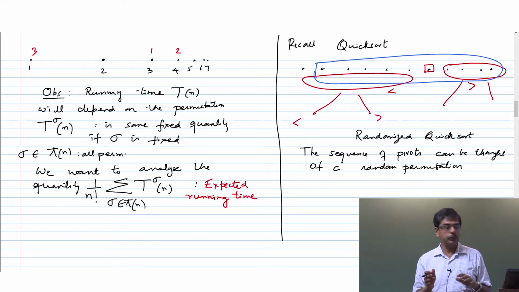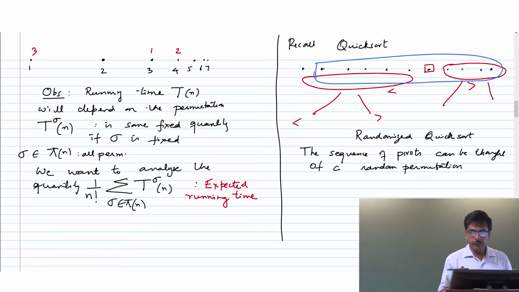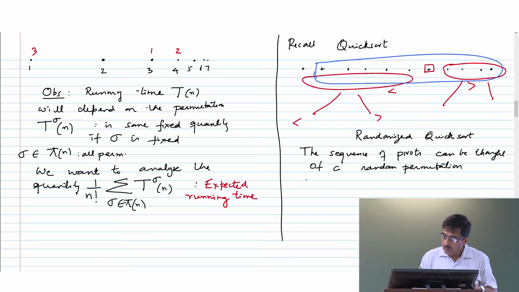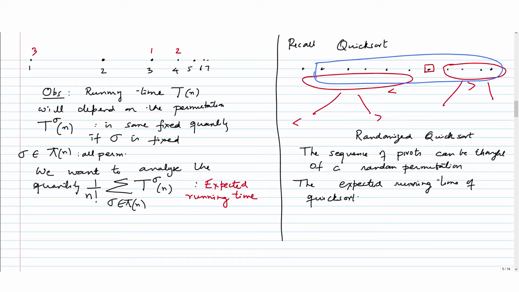So quicksort also, the analysis of a randomized quicksort is nothing but the expected running time of quicksort, averaging over all sequences of pivoting.